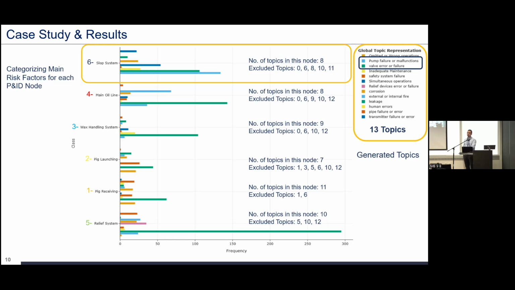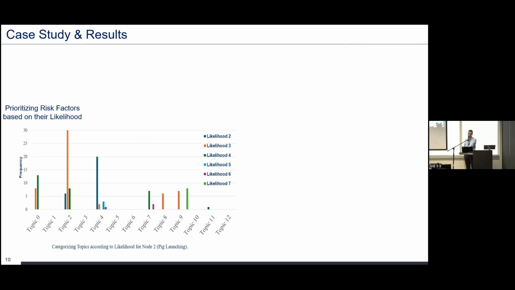So now we have identified the main risk factors for each P and ID node, but we need to focus more on high risk hazards. To do so, we have to look for the topics or risk factors or causes with high likelihood of occurrence.